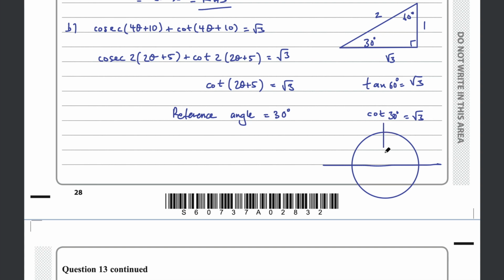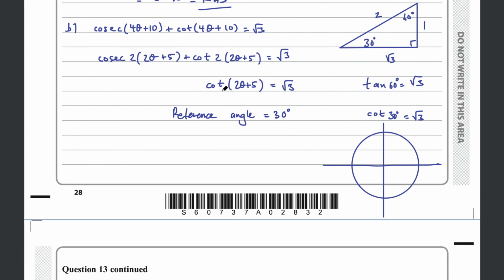And we need to think about where the cotangent function is positive. Because we have a positive answer, it will be in the quadrant where the cotangent function is positive. If you have a better memory than me, maybe you can remember in which quadrants it's positive. I generally only remember the sine and the cosine, and I need to get better at that.